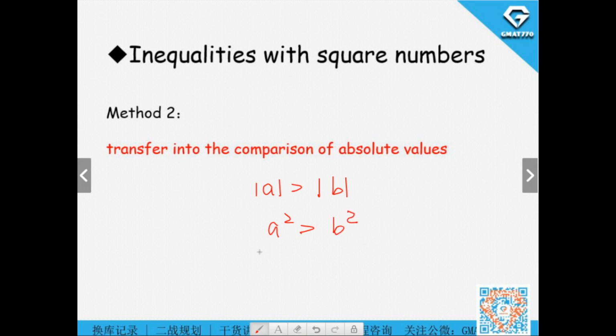So actually the comparison of square numbers is the same as the comparison of absolute values in inequality questions. So when you have a comparison of square numbers and you cannot figure out how to solve it, you can also change back into the comparison of the absolute values.